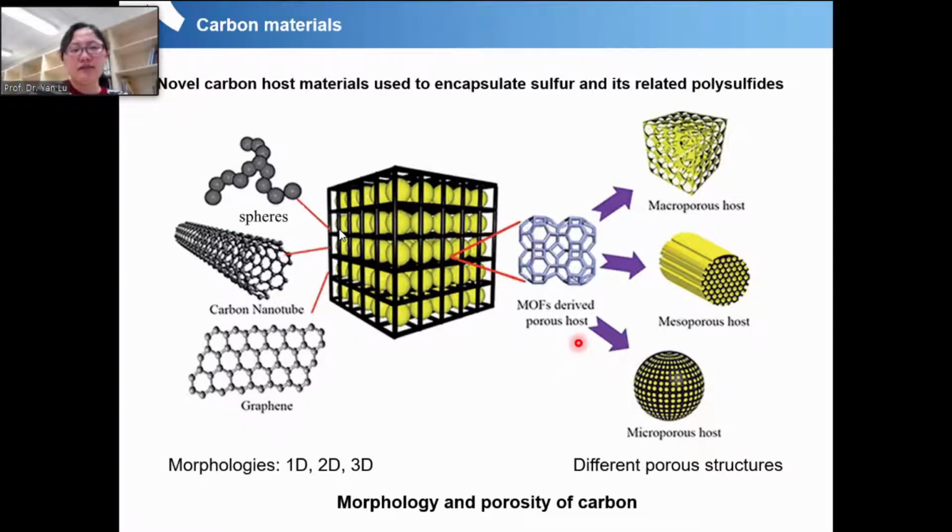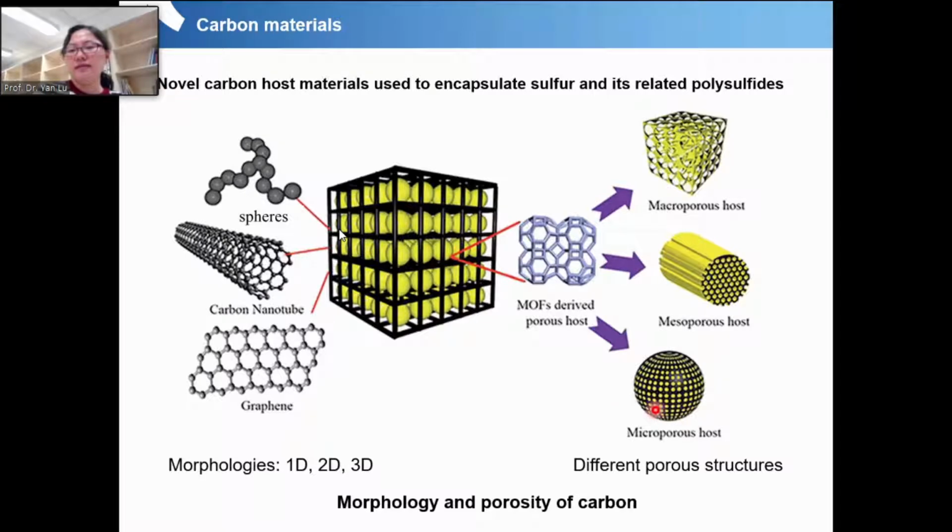Until now, different kinds of carbon nanostructures have been synthesized. On one side, you see different morphologies of carbon, like 0-dimensional carbon nanospheres, 1-dimensional carbon nanotubes, or 2-dimensional graphene, a layer structure. They can all be used as a host material for sulfur.